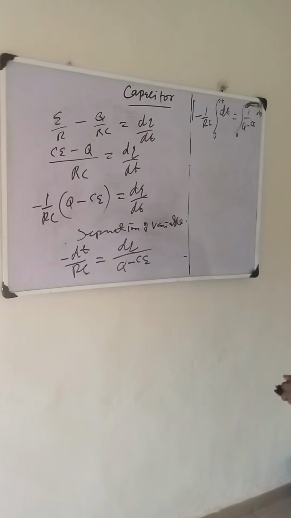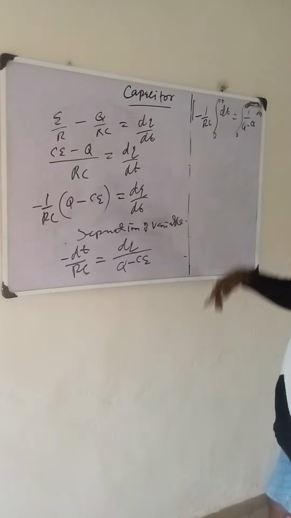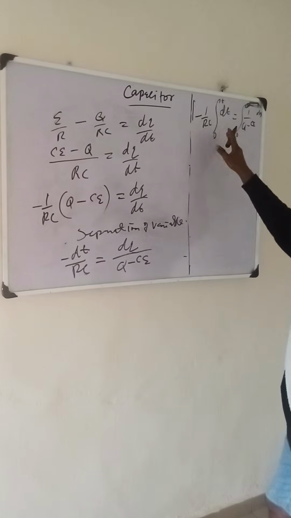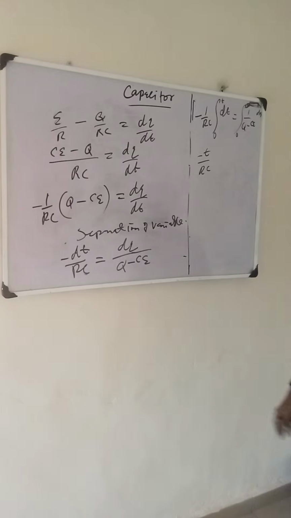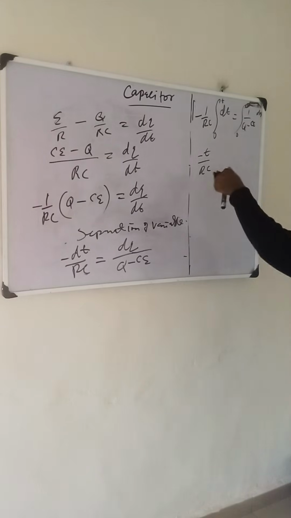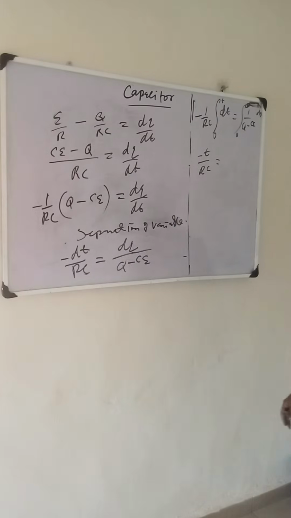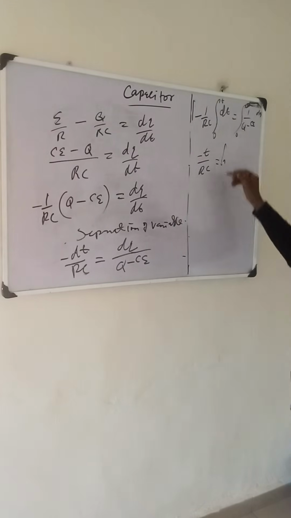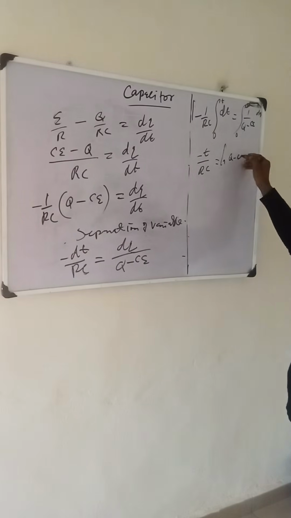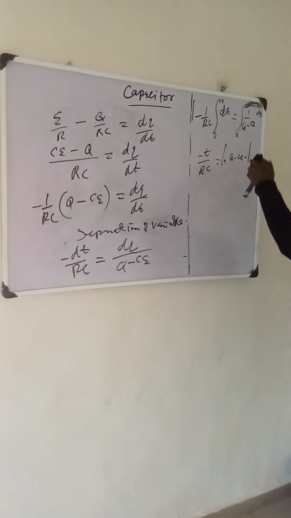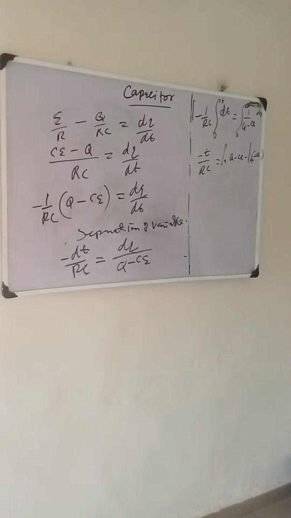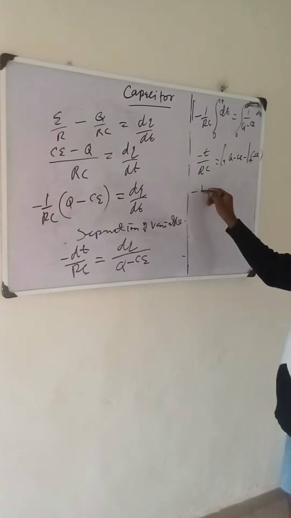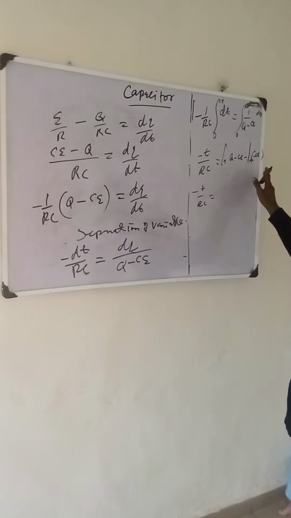So now, if we do this integration, this will be the same thing as negative t all over RC, equal to ln of q minus CE minus ln of 0 minus CE.